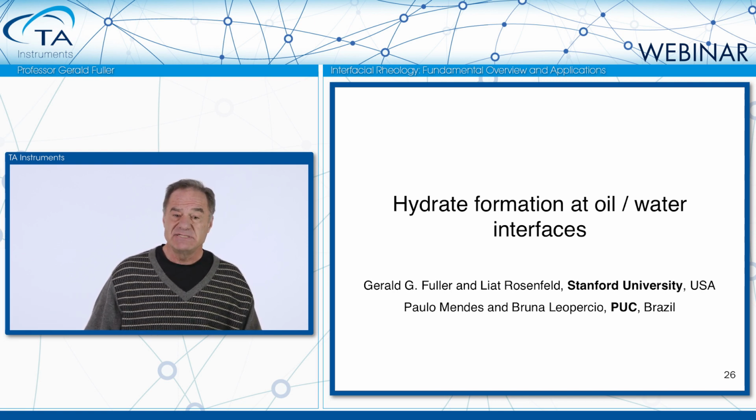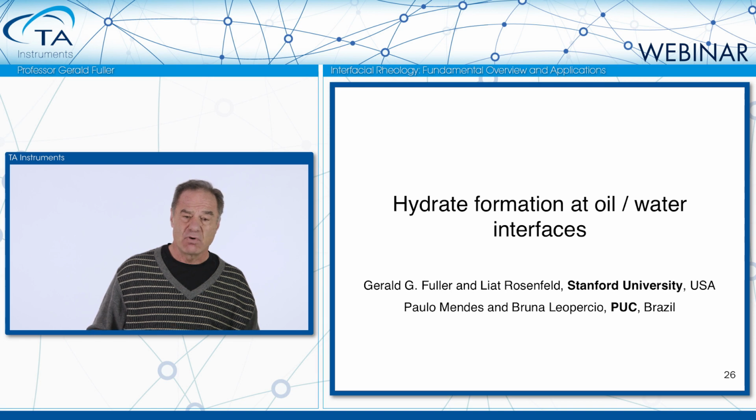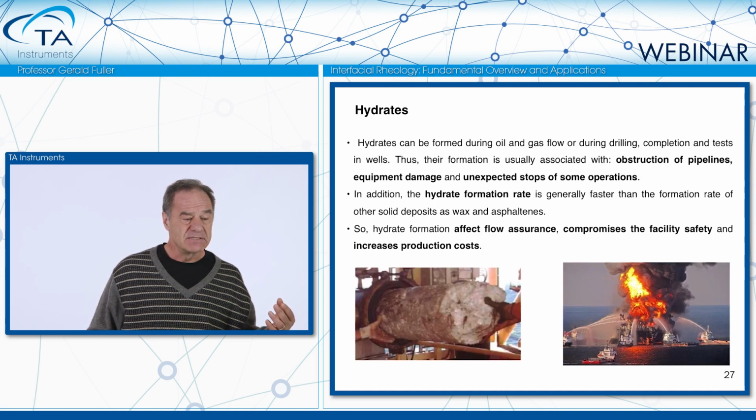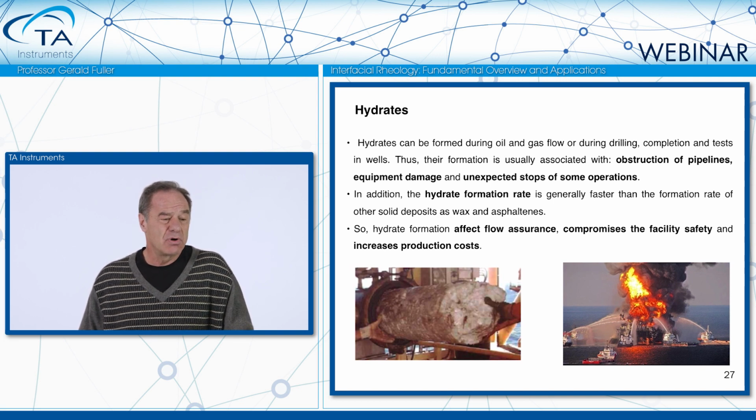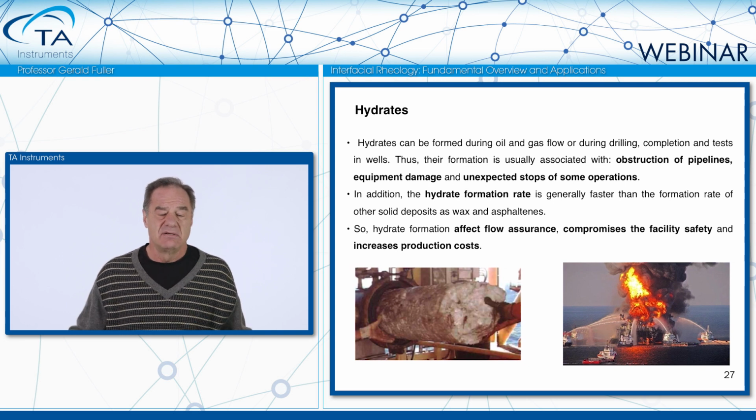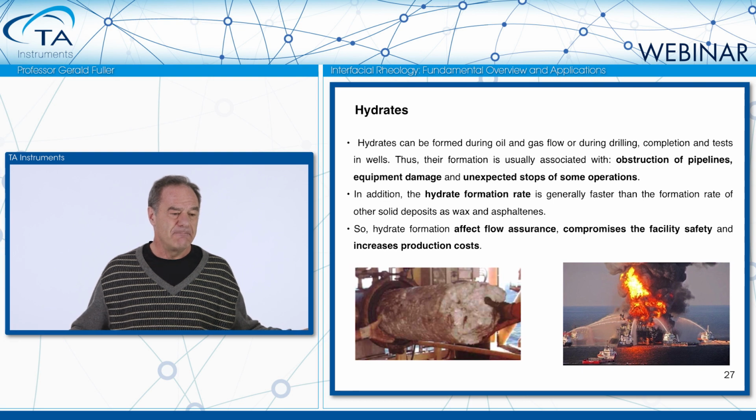Hydrates, they're a big deal in the oil industry. They form at the interface between oil and water, and you can see the problems that they cause. In the picture on the lower left, you can see a hydrate plug that has completely blocked the production of oil.